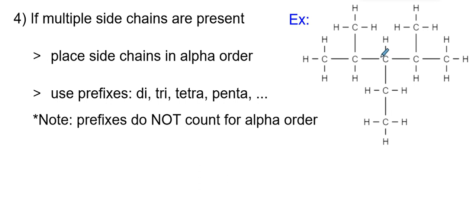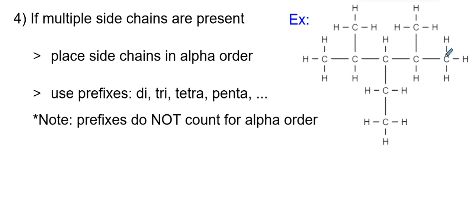Because if I choose this bent part here as my longest chain, I would notice an ethyl group, a methyl group here for 1 carbon. But off of this, I'd have a different other group that would have a branch in and of itself. Whereas if I name this as my longest chain, I see unbranched chains coming off of it. And that'll be the approach that we want to take.